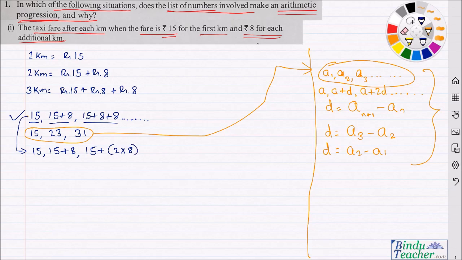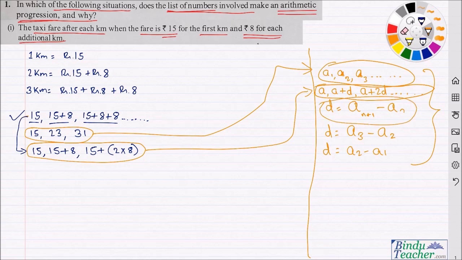So now if you look at this list of numbers, it resembles this form, which is a, a plus d, a plus 2d. So here we can see the list of numbers is very close to an arithmetic progression. However, we still need to validate the common difference as well. So let's do that.